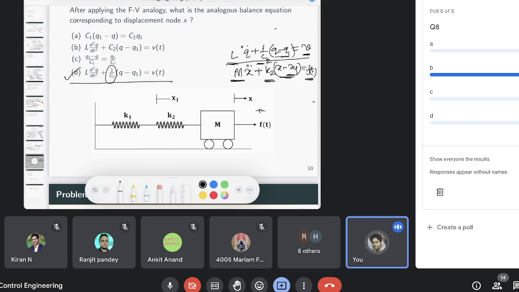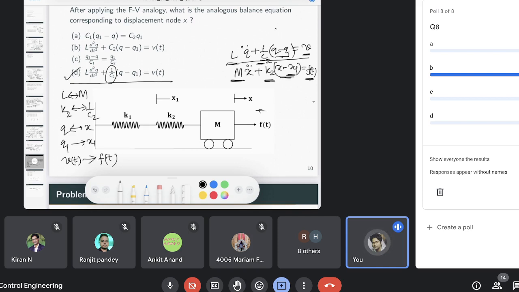So you have this L and M equivalence, and the spring, that is k2, for this specific case is 1 by C2, because the capacitance appears in the denominator. And you have the charge corresponding to displacement, similarly Q1 corresponds to x1, and your V(t) corresponds to your force.